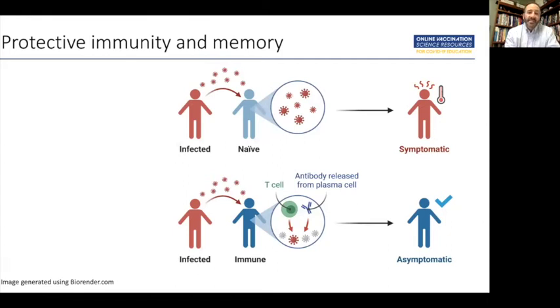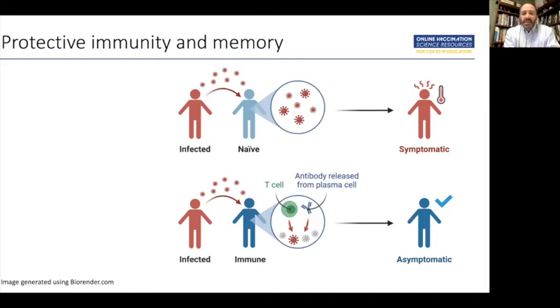And in the case of several types of infections, and with COVID-19 as well, not only will people become symptomatic, they may become severely ill and are at risk of death based on a number of different factors. So even as the body is trying to get rid of the pathogen, people can get very, very sick, and of course are at risk of death if their reaction is too strong.